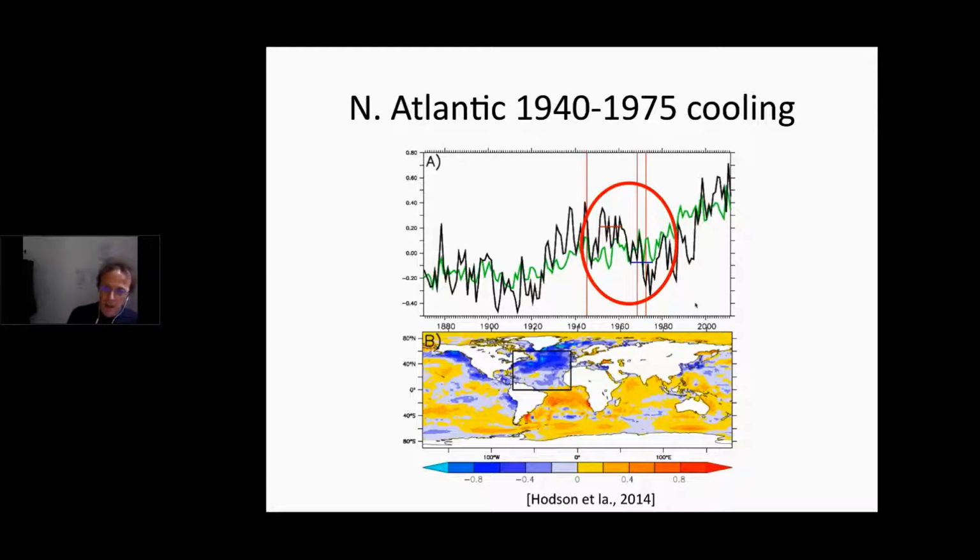But this is a middle 20th century hiatus, and we thought it might be interesting to look at this specific event, during which in the North Atlantic there was a significant cooling, as you can tell from the lower panel in this figure, which shows the pattern of the cooling, again strongly resembling the AMO or AMV-like structure, with the largest loadings in the subpolar basin, but at the same time there is a kind of horseshoe structure again.